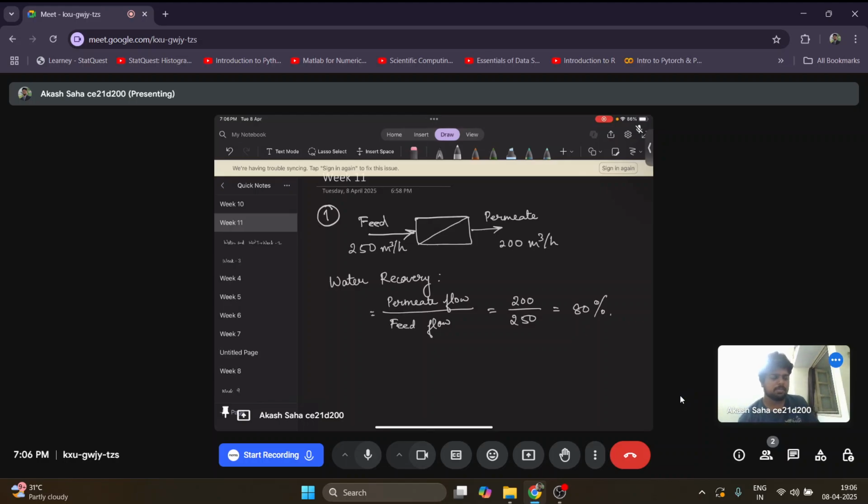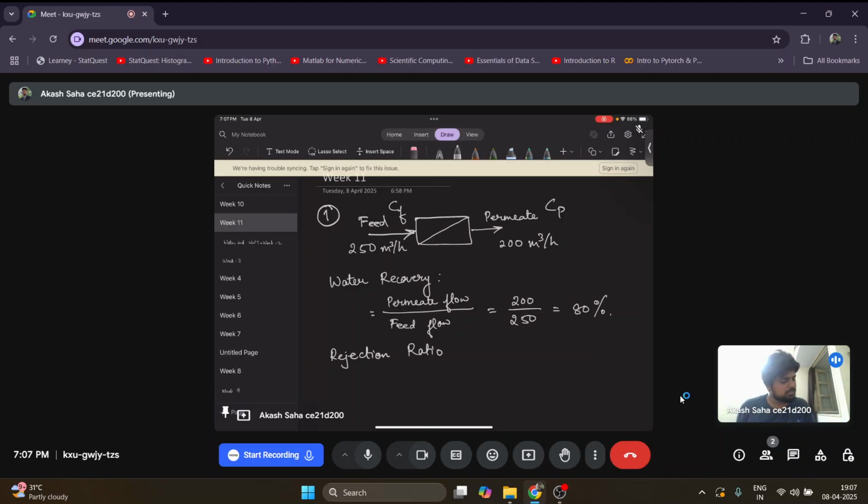One more term that is quite often asked in these questions is the rejection ratio. Suppose the feed that is coming has a concentration of Cf, and the permeate has a concentration of Cp.